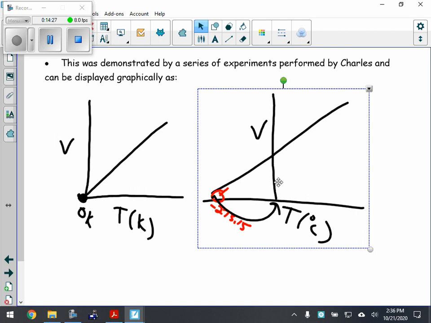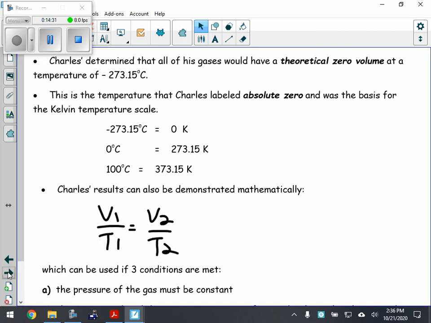There's still a relationship. So going back to here real quickly, I want you to remember this. Charles determined that all of his gases would have a theoretical 0 volume, meaning they would have no volume at negative 273.15. This is the temperature that Charles labeled absolute 0.